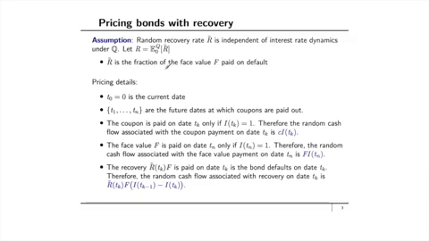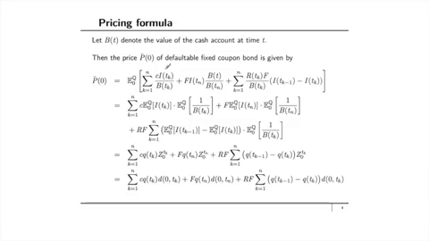Now that we have all the random cash flows associated with a defaultable bond with some random recovery, we can now price this bond by just discounting all of these random cash flows with respect to the risk-neutral measure, and that's what we're going to do on the next slide. Let Bt denote the value of the cash account at time t, then the price at time 0 of a defaultable fixed coupon bond is given by the expected value under the risk-neutral measure of the random cash flows discounted by the cash account.